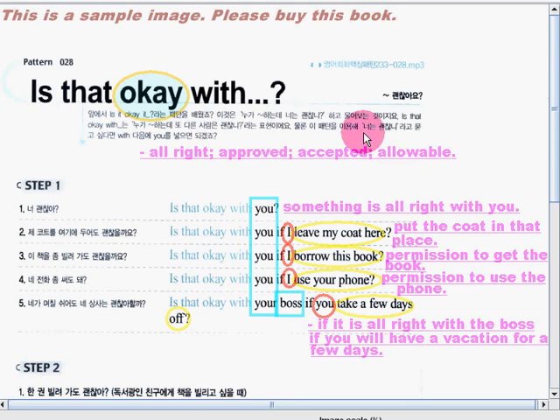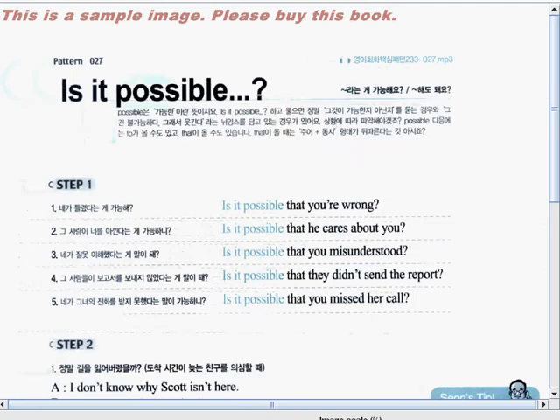Today, we will discuss a new pattern, but before we go on, let's go back to the last pattern we had on our last video. It is the pattern, "Is it possible?" For example, is it possible that he likes me?